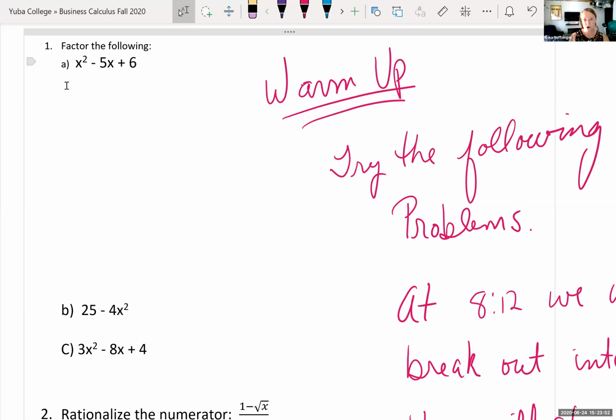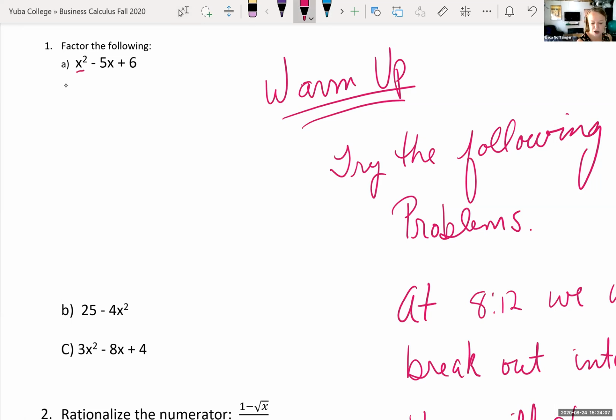Okay, so when you are approaching factoring, the first thing you want to do is see if there's any greatest common factor. Is there anything in common with all those terms inside what you're trying to factor? If I look at this, this has an x squared as one term, a negative 5x, and a positive 6. So I have 3 terms, and there's not an x in all these 3 terms, and my coefficients have nothing in common besides a 1 or a negative 1.